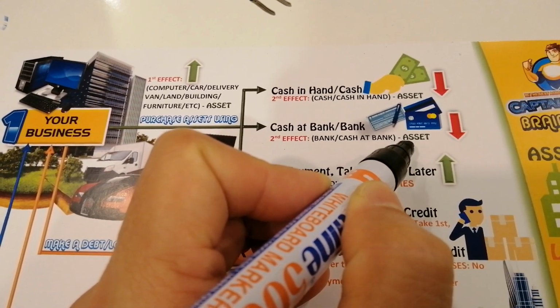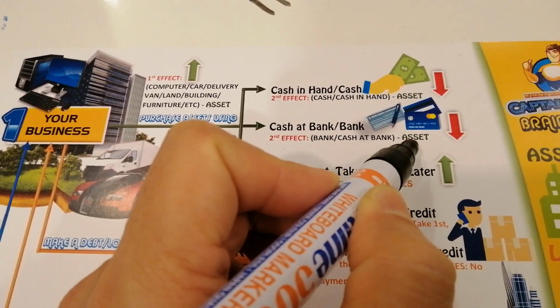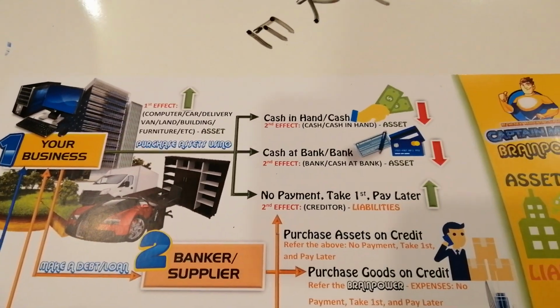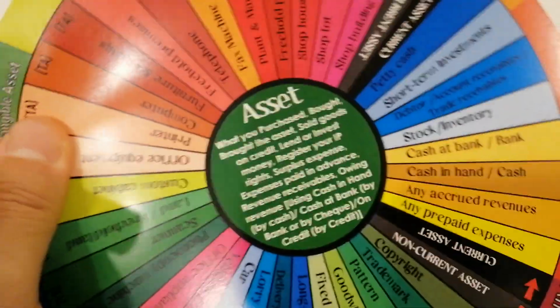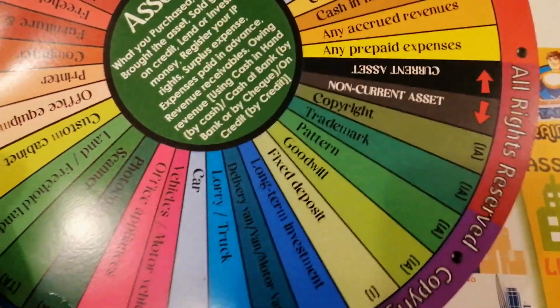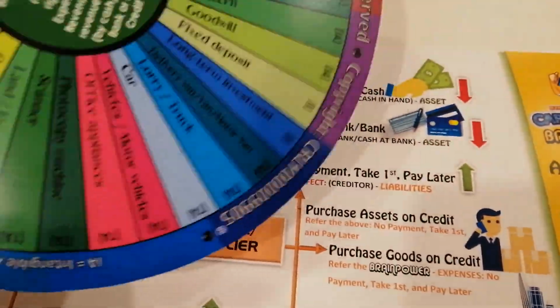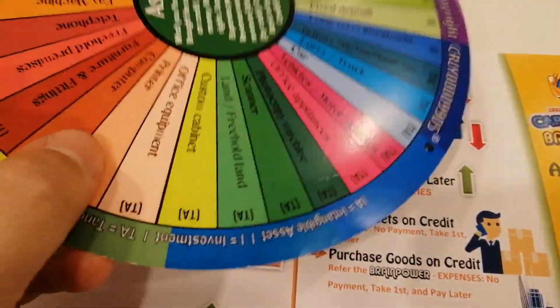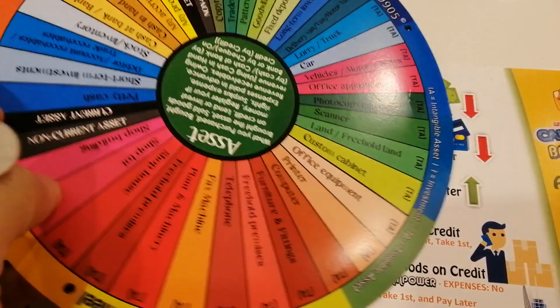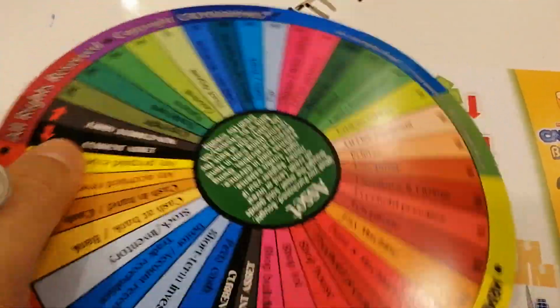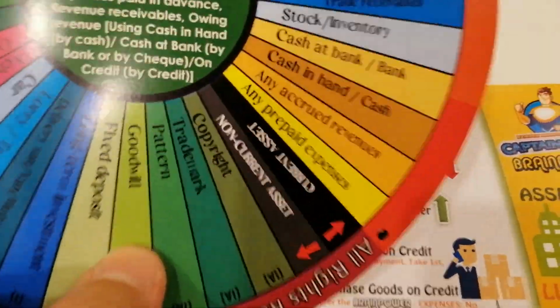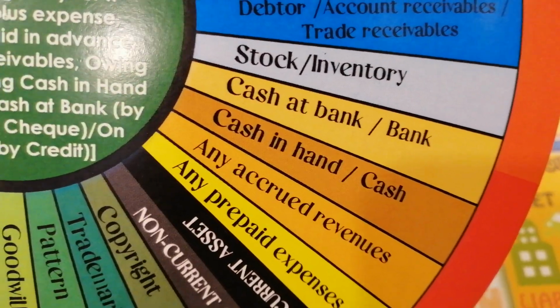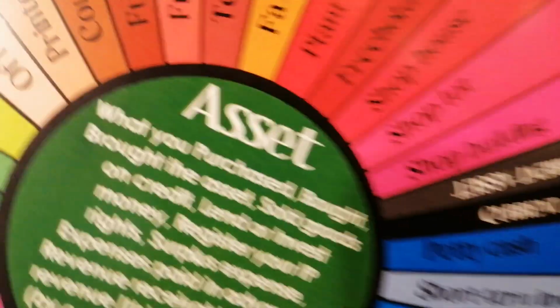Kalau you tak percaya saya, you pergi dekat asset wheel now. This one. You cari, betul ke? Is it correct? Bank or cash at bank under asset. Can you see? Cash at bank or bank, cash in hand, cash, asset. Okay? Asset.